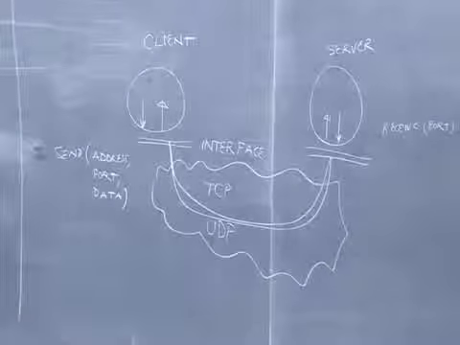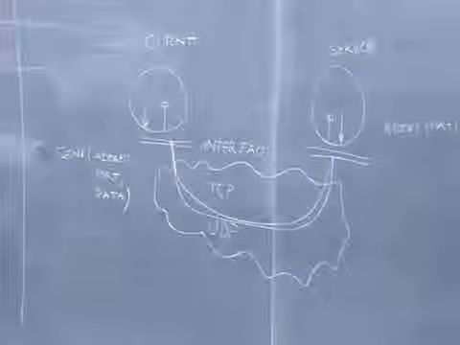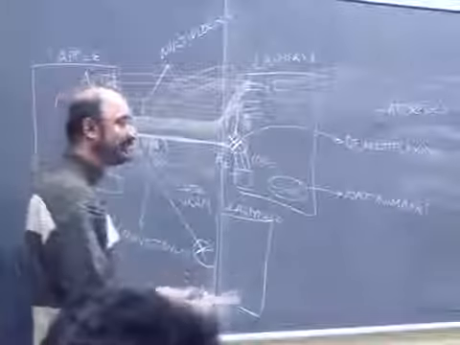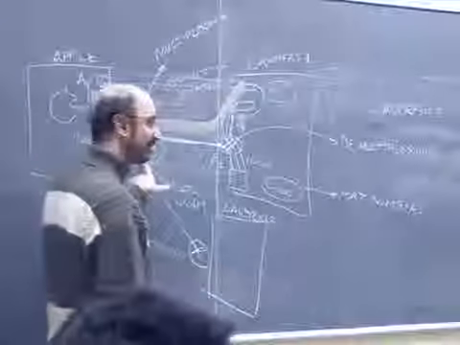TCP says, I want to establish this connection from here to here. The internet is kind of funny. At the bottom level, for the purposes of today's lecture, we have packets, datagrams.